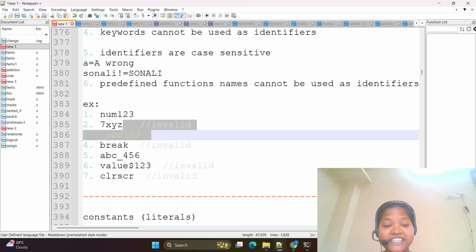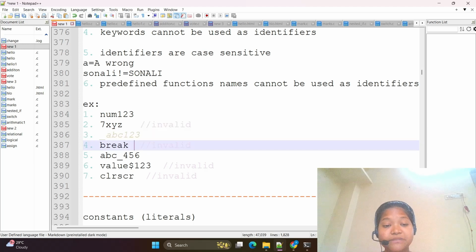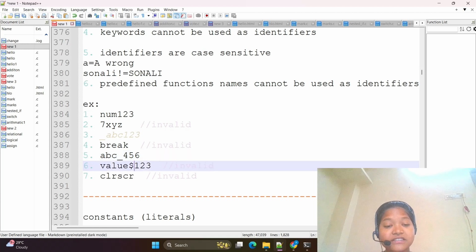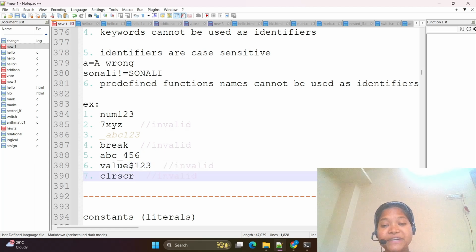The third one is valid. The fourth one is invalid because break is a keyword, which we use in switch case. This one is valid. This one is invalid because this special symbol, dollar, is not allowed except underscore. Then clrscr is a predefined function, so it's invalid.